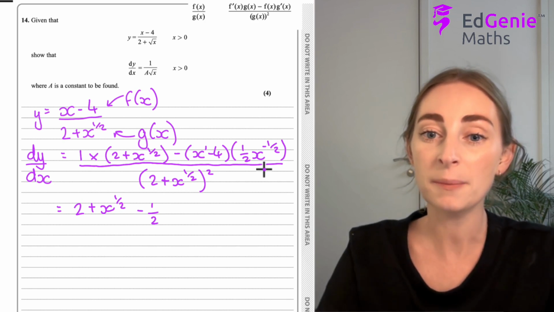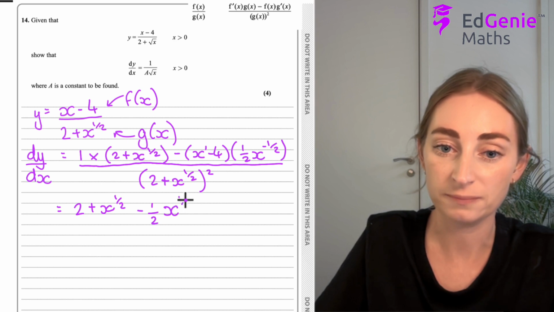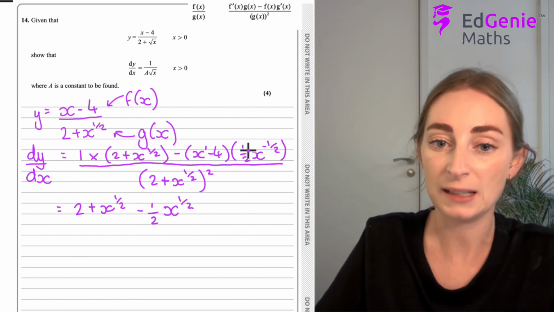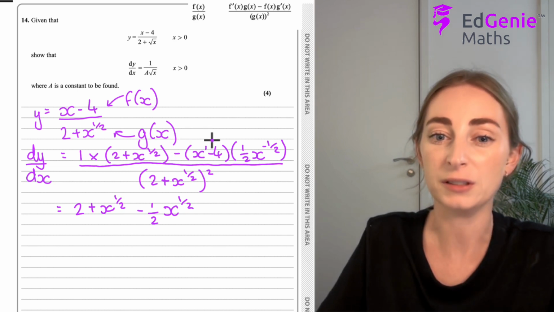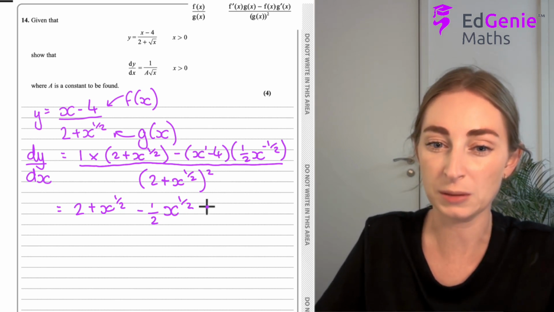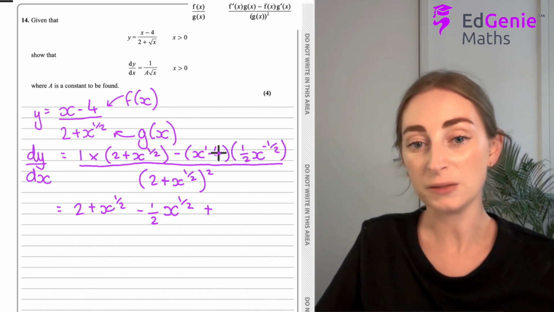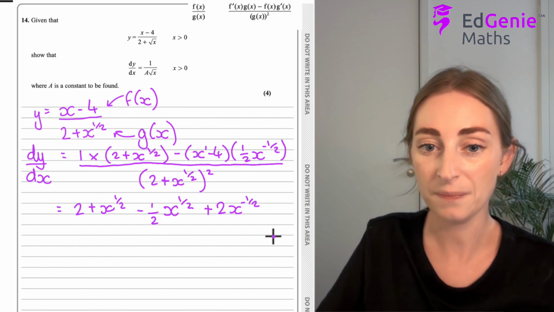So 1 add negative a half is going to be a half. Okay? Now multiply it by negative 4, although just be careful because we've got negative times this negative 4, which means positive 4 times by this. And 4 times a half is 2, so we are left with this.